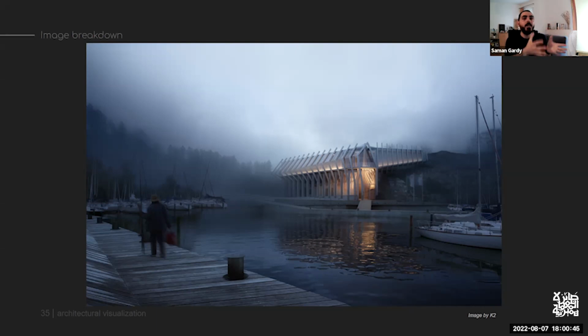Then you set up a camera with these composition methods to show it. Then you start detailing the model, and then you render. So it starts at the very beginning of the process. Okay.